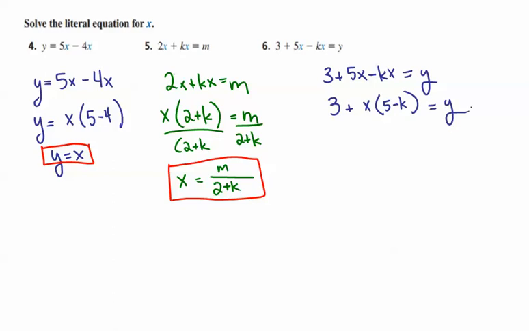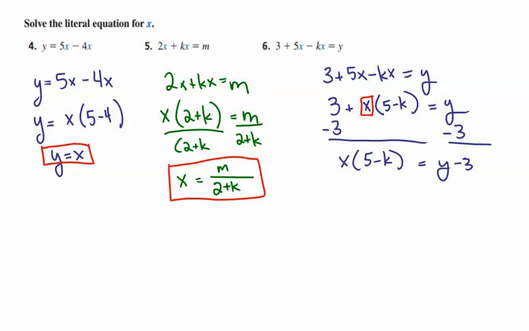And that would look like 3 plus x times the quantity 5 minus k is equal to y. Now we start the process of isolating our x, and we would do that by subtracting 3. And we have x times 5 minus k is equal to y minus 3.